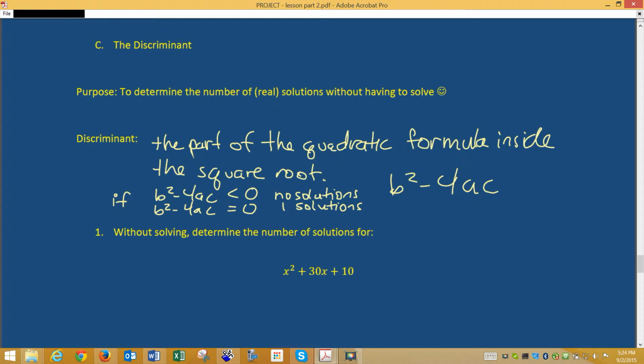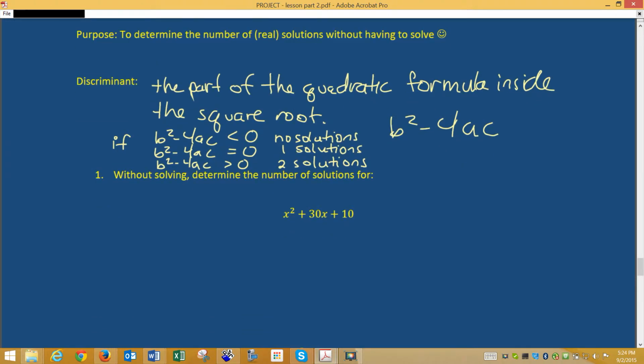So we end up with just one solution. If it's greater than 0, so if it's a positive number, then we have two solutions because we can take the plus and the minus version of the square root of b squared minus 4ac.